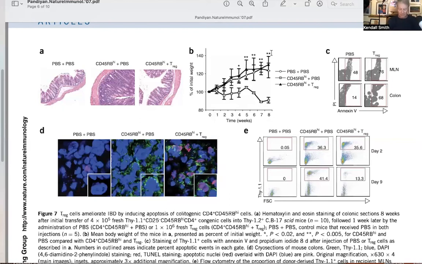And so that's really the bottom line of this paper, that Pushpa Pandiyan was able to show, and Mike Lenardo and the rest of them on this paper were able to show that Ethan Shevach may have been partially right, but he was not totally right, and that cytokine deprivation apoptosis was a big part of the whole phenomenon.